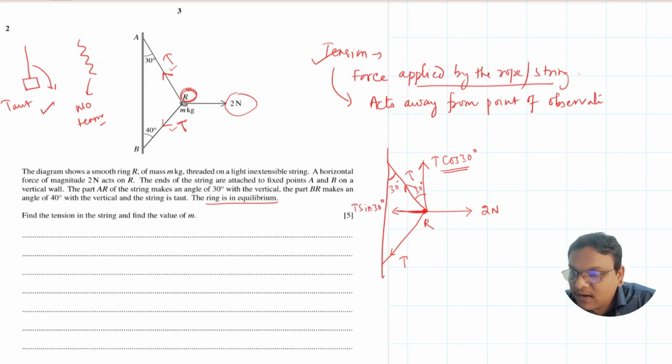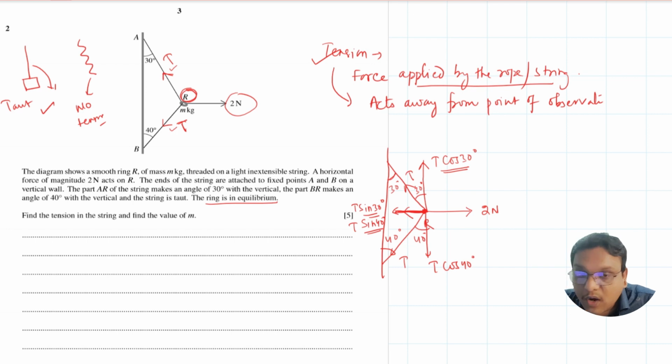Did you understand everyone clearly? Now again, this angle we have is 40 degrees, correct? So if I draw a vertical like this, this angle will also be 40 degrees, and this component will be T cos 40 degrees. Again this component will be T sin 40 degrees. Understood everyone clearly?